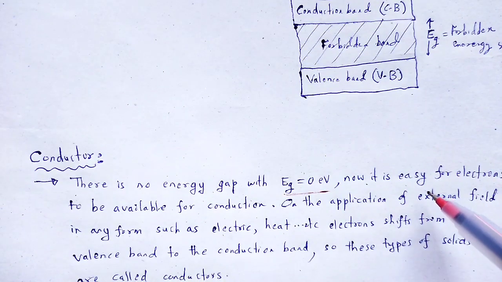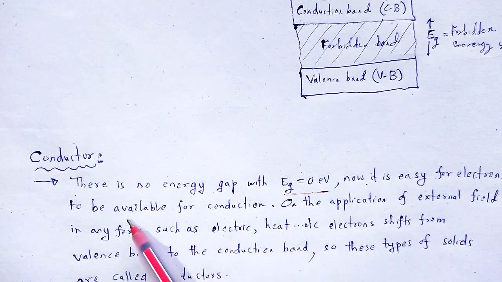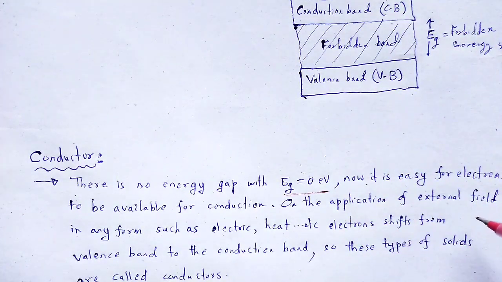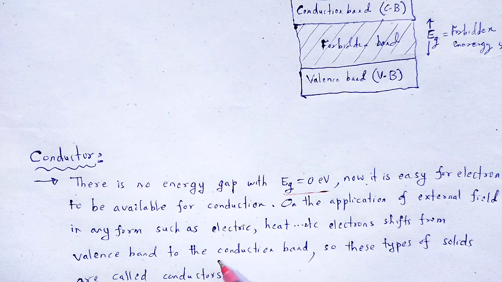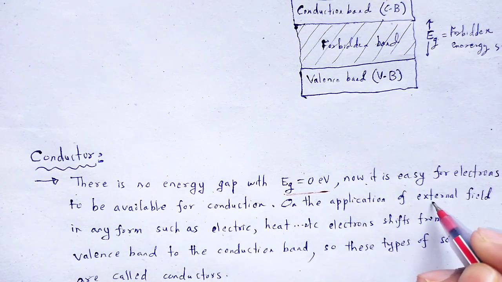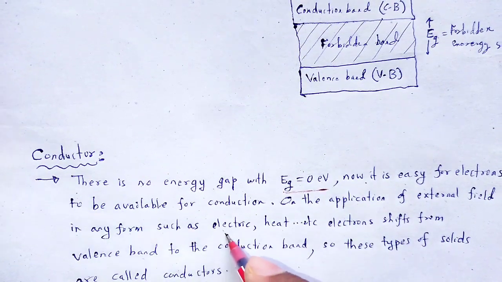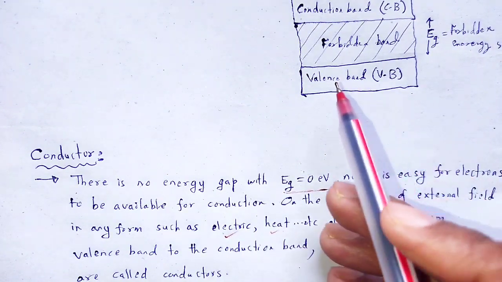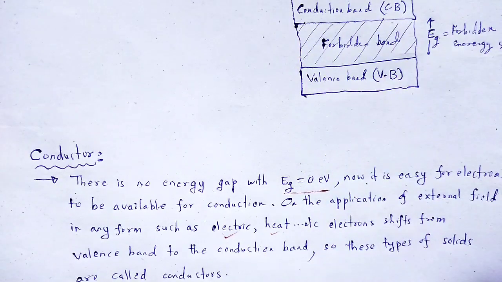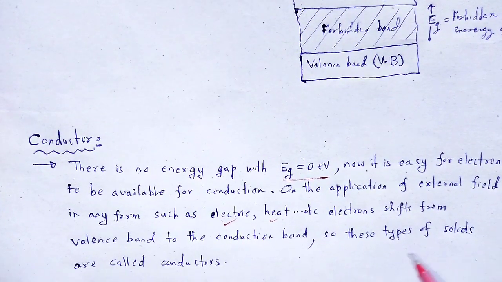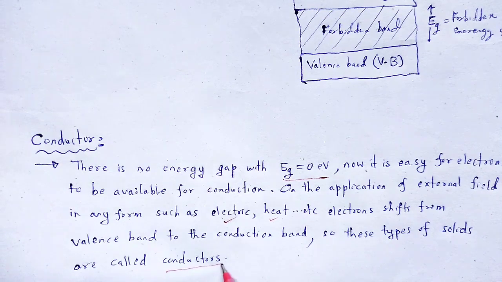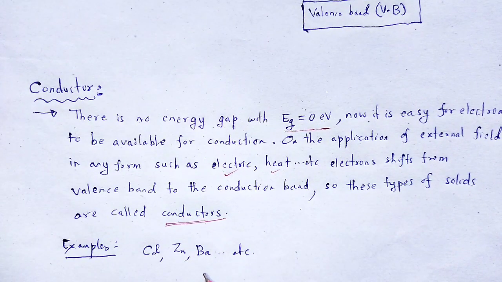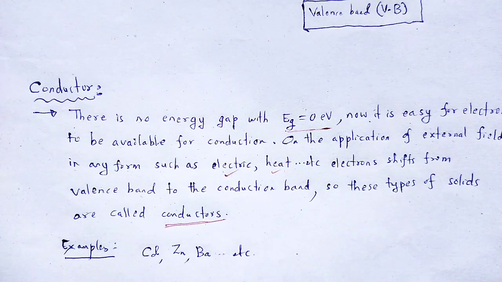It is easy for the electrons to be available for conduction on the application of an external field, in the form of either electric field or heat. The electrons shift from the valency band to the conduction band. So, this type of solid is called a conductor. Examples of conductors: cadmium, zinc, barium, etc.